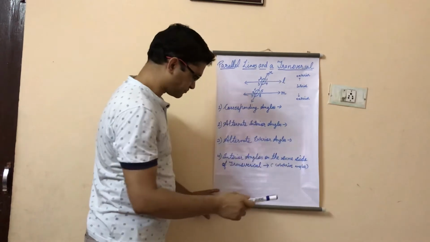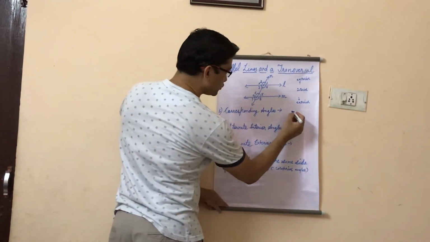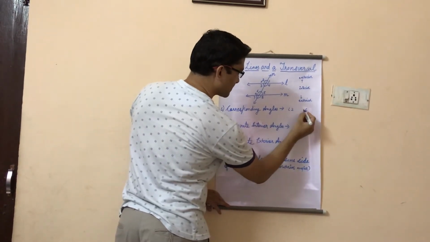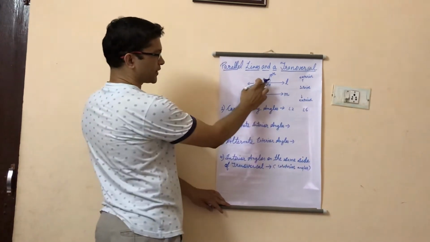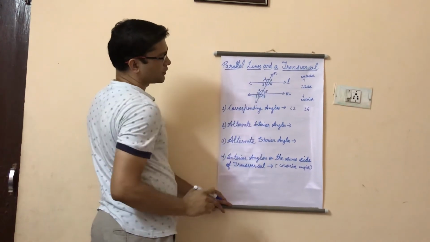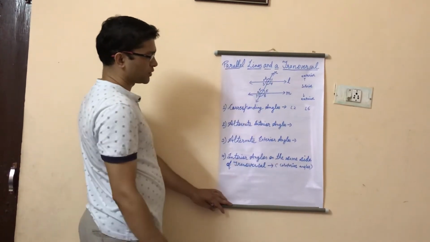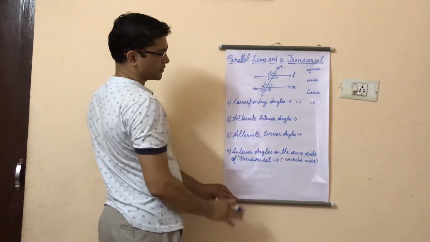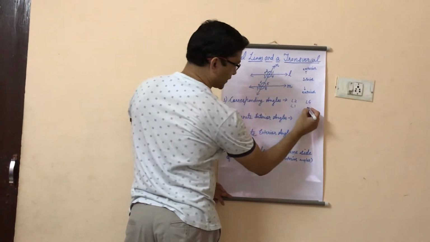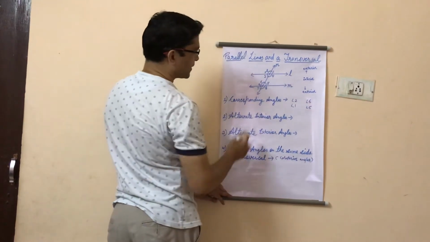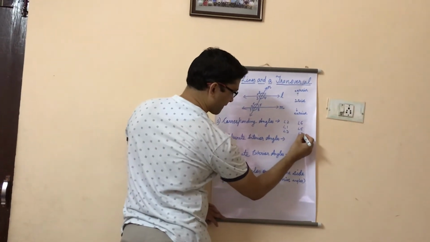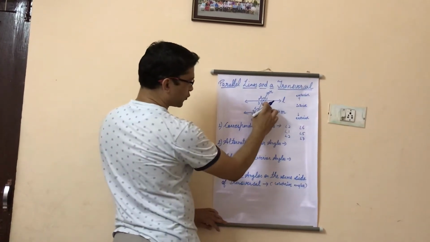For example, look at angle 2 and angle 6. 2 is in the exterior and 6 is in the interior on the same side of the transversal at different points P and Q. There can be 3 more such pairs, which are angle 1 and angle 5, angle 3 and angle 7, and angle 4 and angle 8.